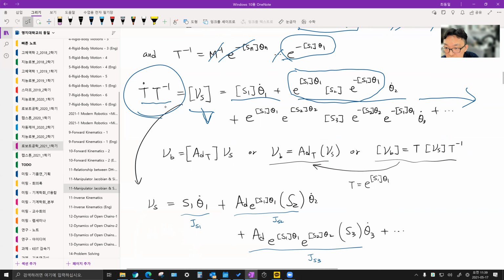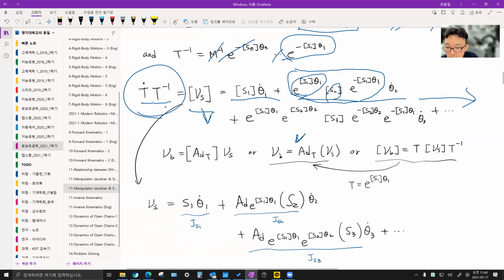This expression can be converted like this. So this is one of the homogeneous transformation matrices. So we put this one here, and we put S2 here. So this one is the same. This one applies the same principle as this one.